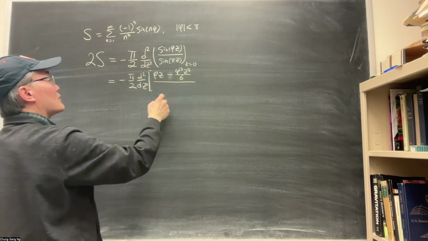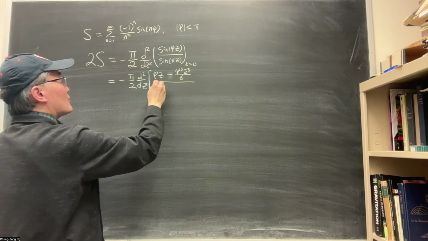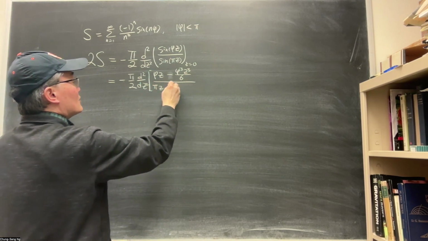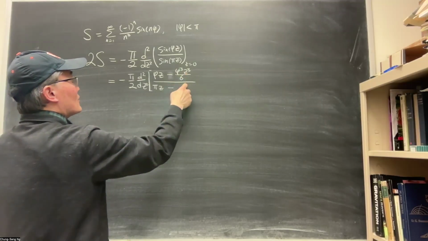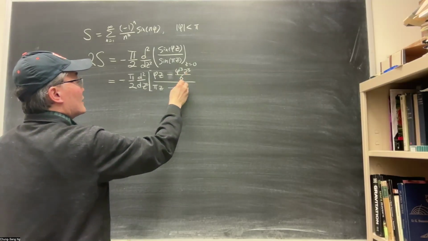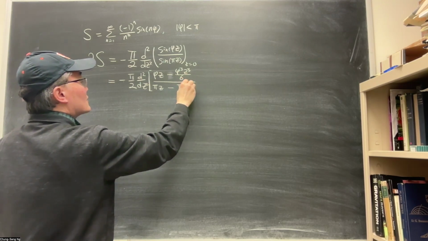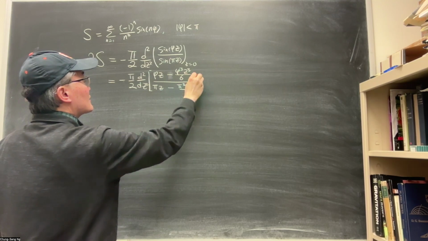And similarly for the denominator, you have pi z, and you want to keep to the same order, so you have pi cubed z cubed over 6.